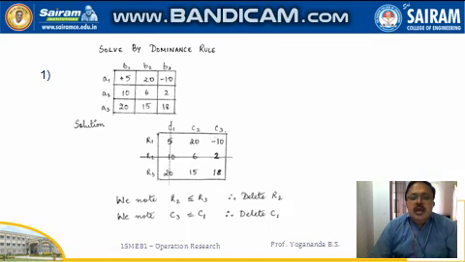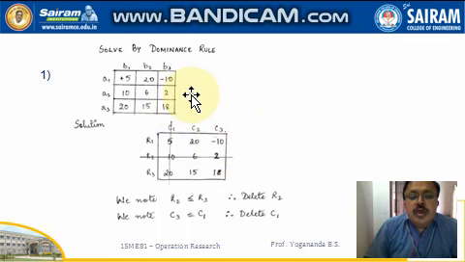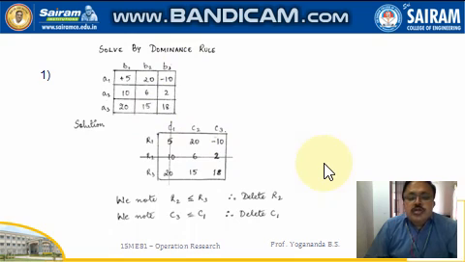Now we'll see how to proceed in a numerical using the dominance rule. So here we have a 3 by 3 matrix, with 3 rows and 3 columns. We have to compare the payoffs in each row with the payoffs of the other row.